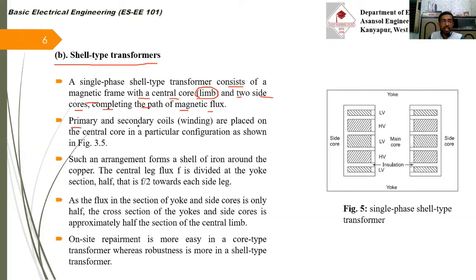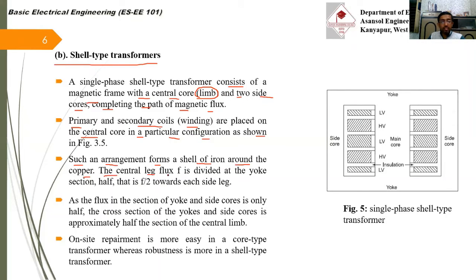The primary and secondary coil windings are placed on the central core in a particular configuration as shown.